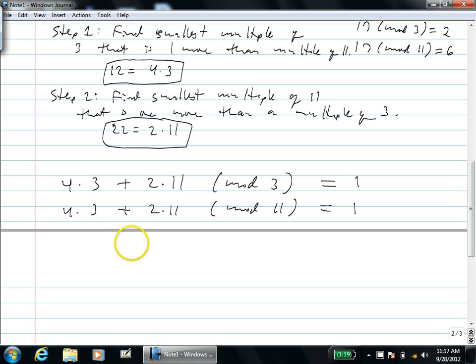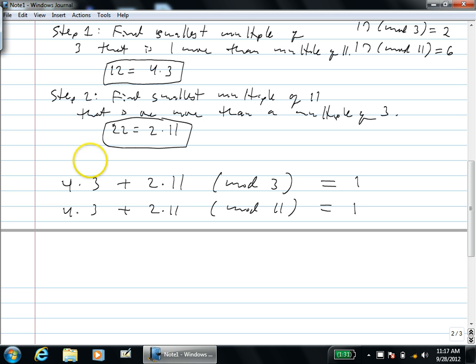But on the other hand, when I take this bottom one and divide by 11, the 2 times 11 doesn't really impact the remainder. So the whole remainder is what you get when you divide 4 times 3 by 11. But we've already established up here that 4 times 3 is the special number that when you divide by 11 you get remainder 1. So the sum of these things is the number 1.